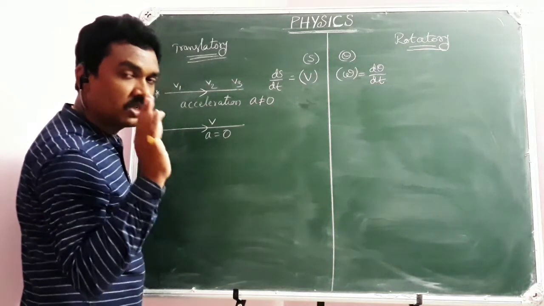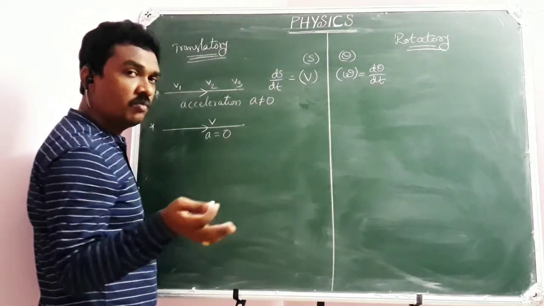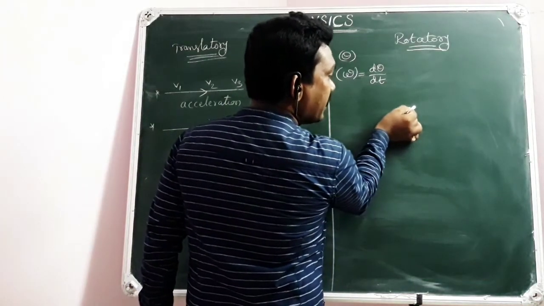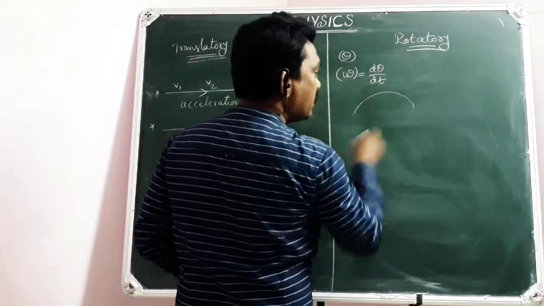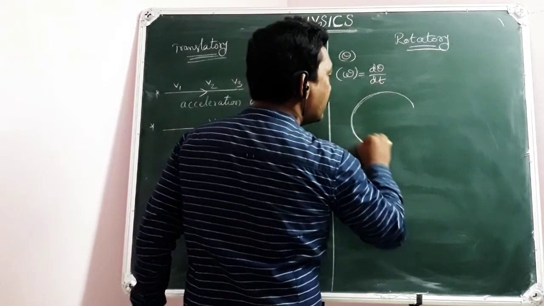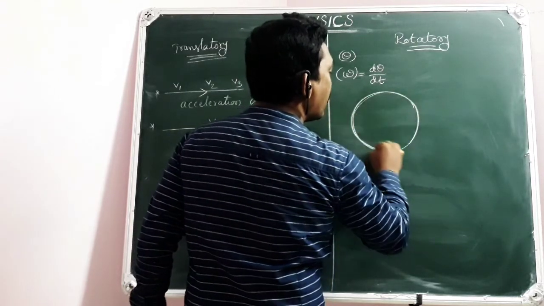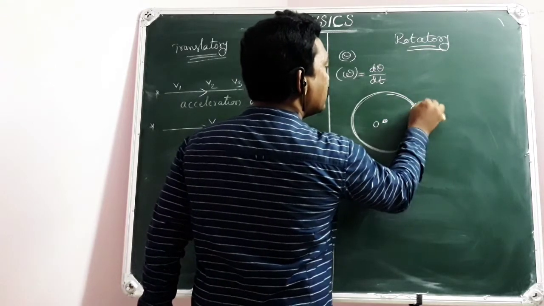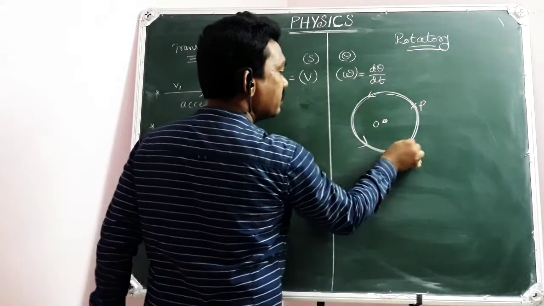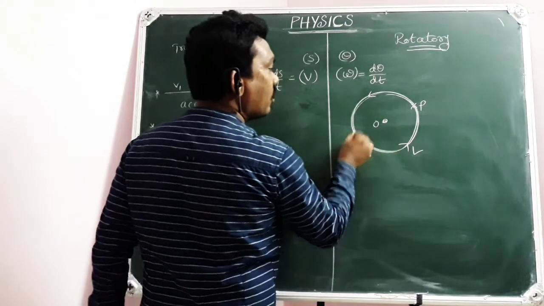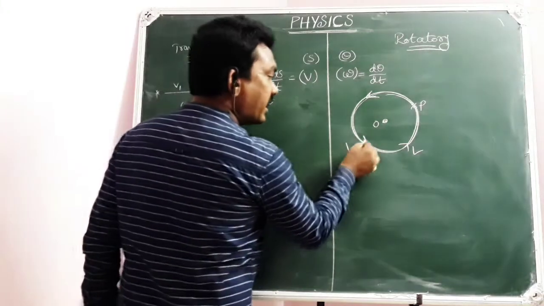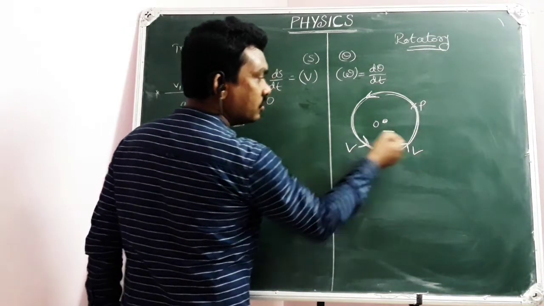But in rotatory motion, listen carefully, in rotatory motion or in circular motion, if a particle is moving with a constant speed along a curved track around a fixed point, I am not telling with constant velocity, because here the direction is going to change continuously.